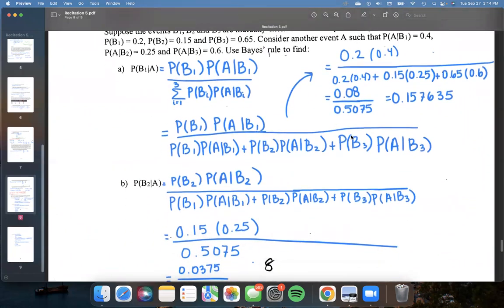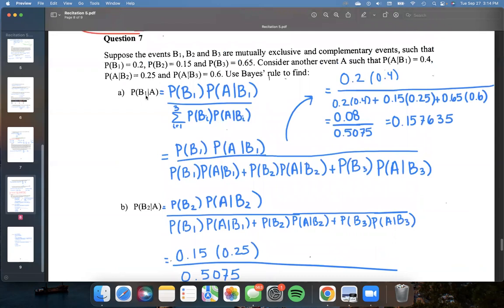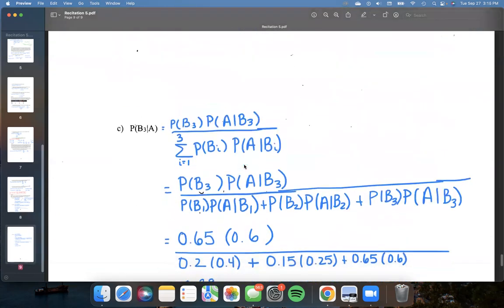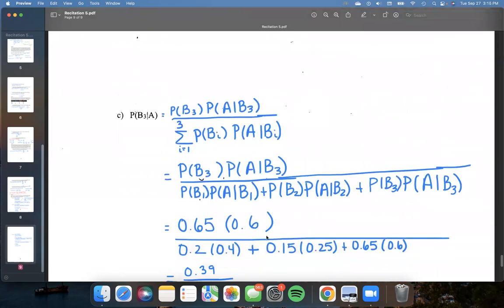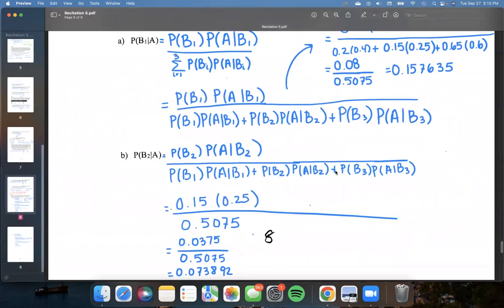And if you notice, I don't know if this will help you solve them, but the numerator for B3, the probability of B3 times the probability of A given B3, is the last chunk of the denominator, the 0.65 times 0.6. The numerator for the second one is the middle chunk of the denominator, the 0.15 times 0.25.